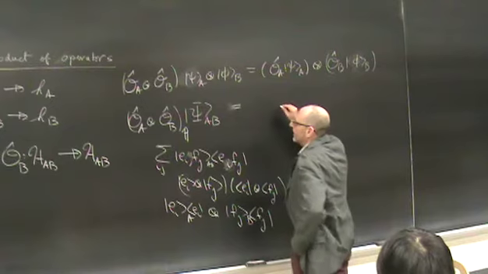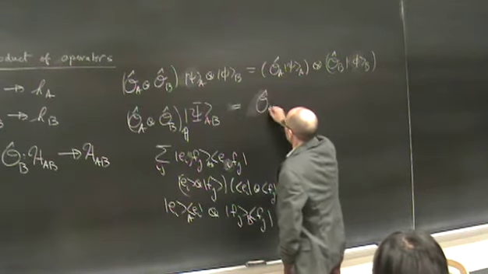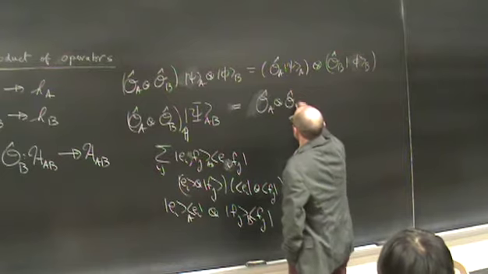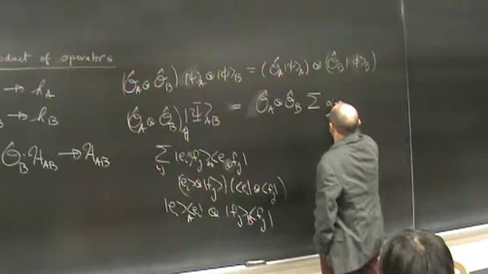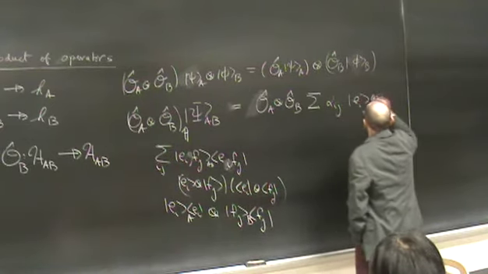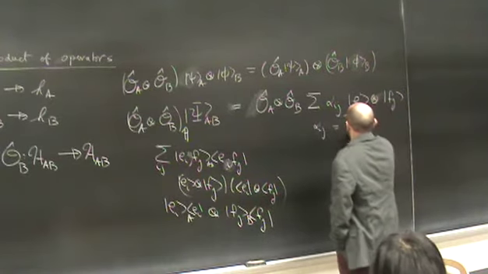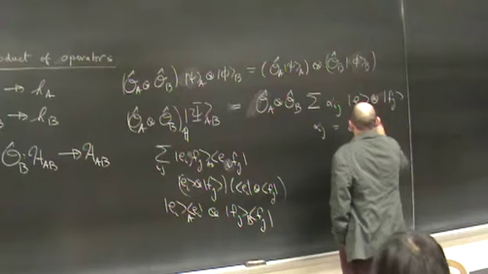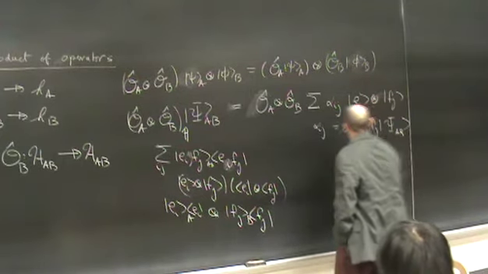So this would equal OA tensor OB acting on the sum of alpha ij EI tensor Fj, where alpha ij is a probability amplitude associated with that projection.